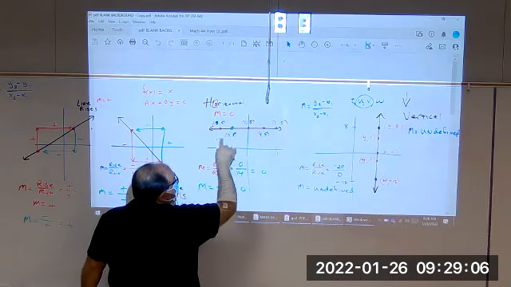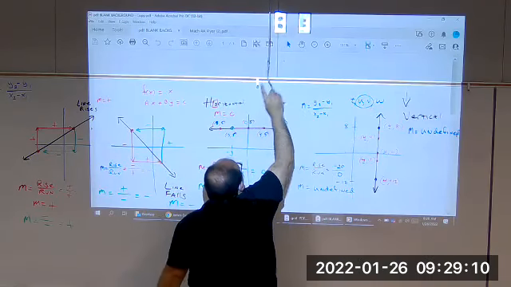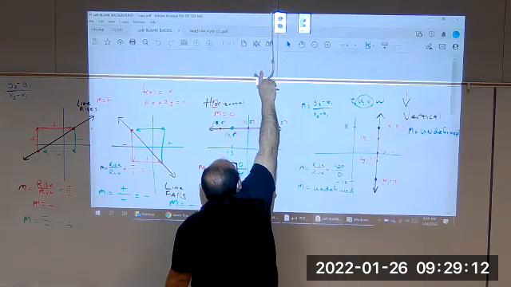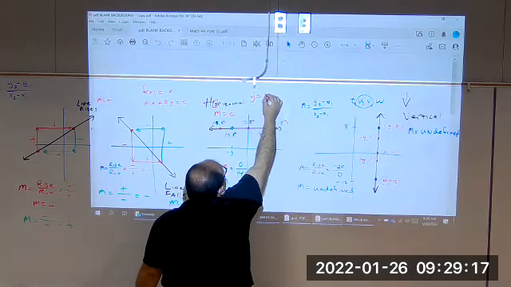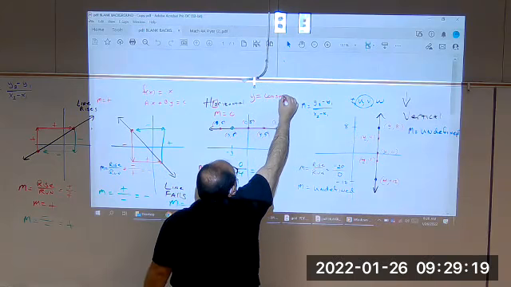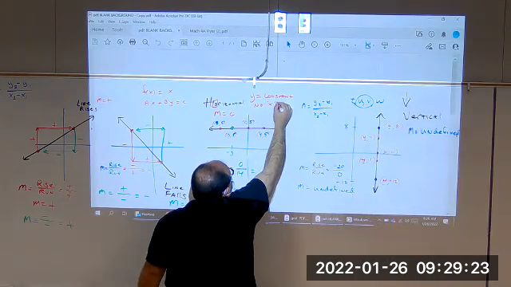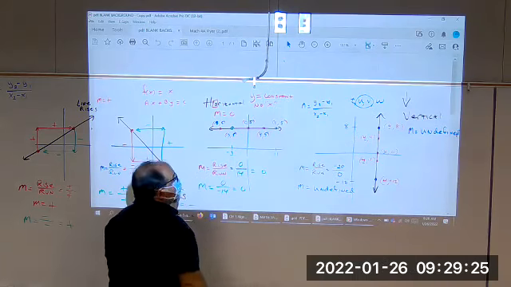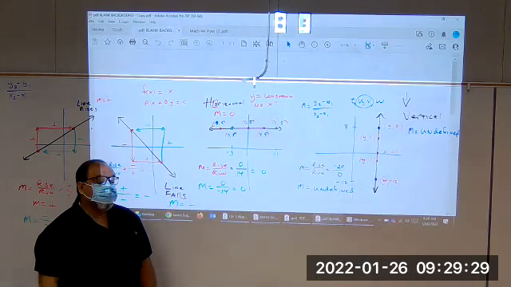The way you write the equation of a horizontal line, it's just y equal to a constant. There's no x when you write the equation of a horizontal line. There's no x in it.